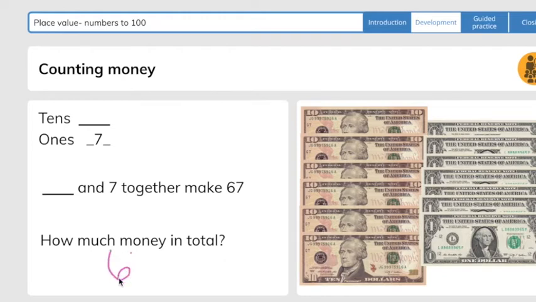We have $67. Okay? So how many tens do we have? 1, 2, 3, 4, 5, 6 tens. So we have 6 tens and 7 ones. So 60 and 7 together make the number 67.